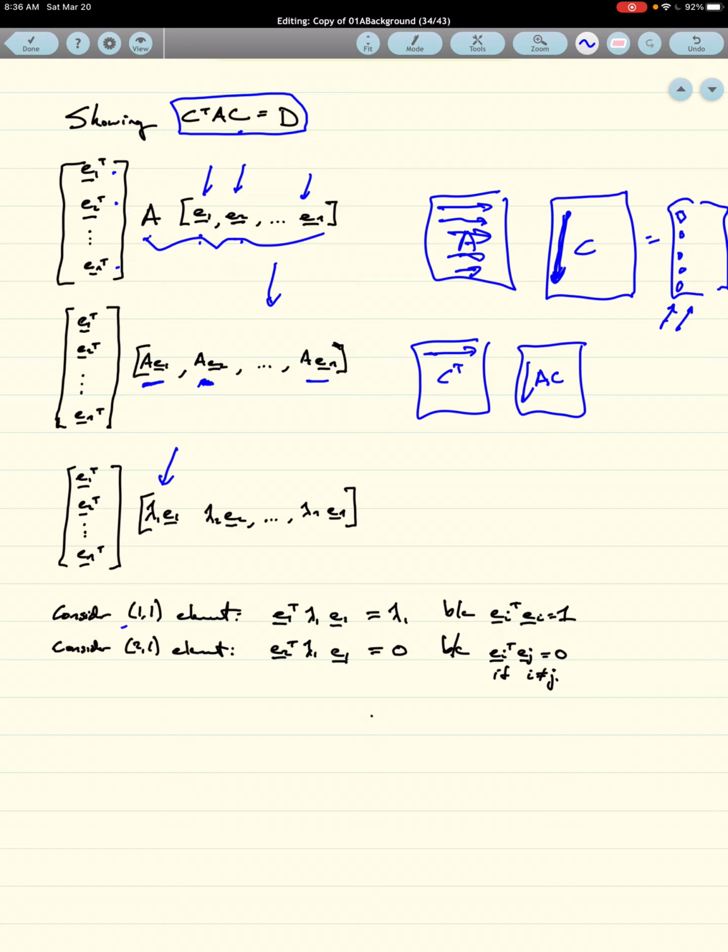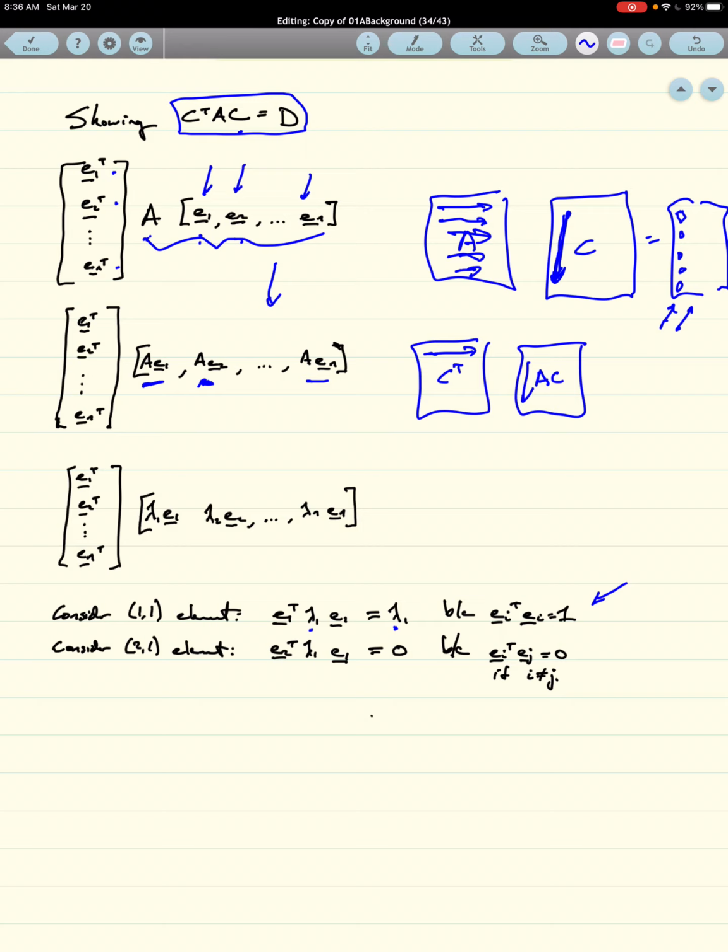So that's what I'm talking about down below. Let's consider the 1, 1 element that comes out of this. Well, we would go across this row and down this column, which gives me E1 transpose lambda 1 E1. Because this is a scalar, I can pull that out, and I'm left with just lambda 1, because E1 transpose times E1 is 1, because these vectors are orthogonal.